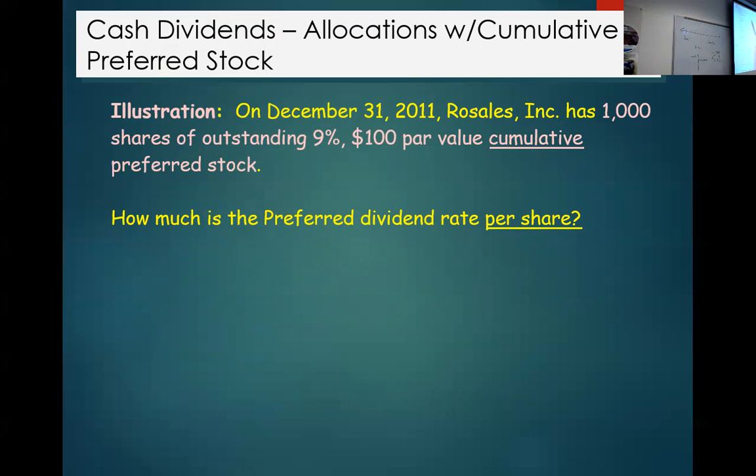So it's how many dollars per share. Per share of preferred stock, if there's money for dividends, how much will go for each share?